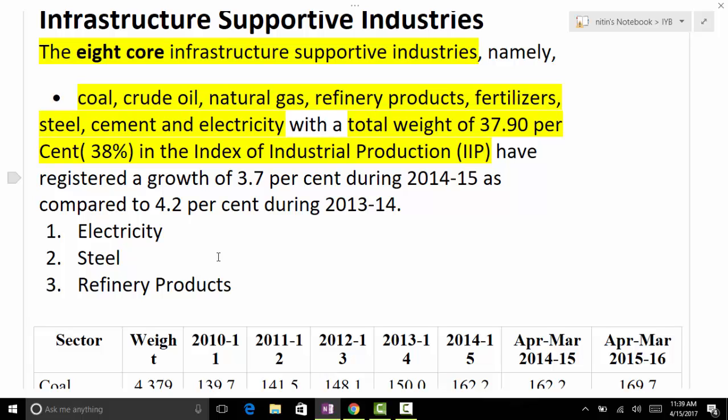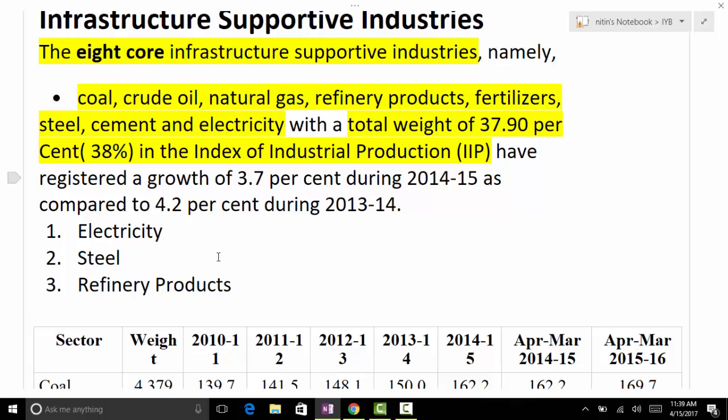You use steel and cement in the infrastructure. You can directly link with it because these 8 core industries deal with infrastructure. So what all do you require in the infrastructure? Definitely oil and gas are part of the infrastructure. Steel, cement are part of your infrastructure. Coal is also one of them. So these are 8.